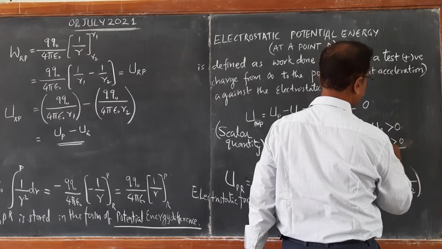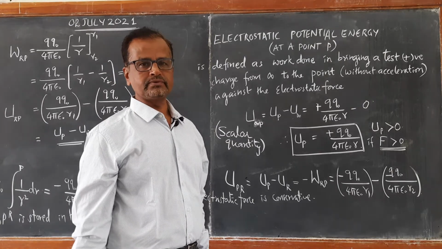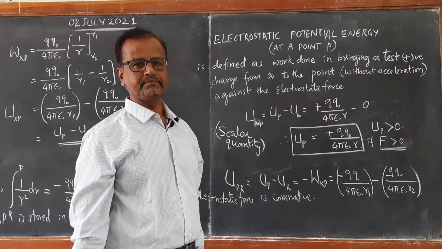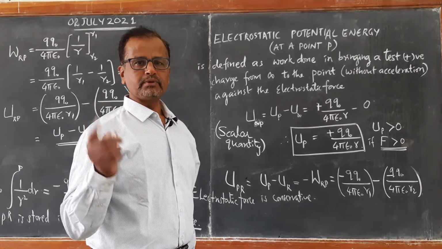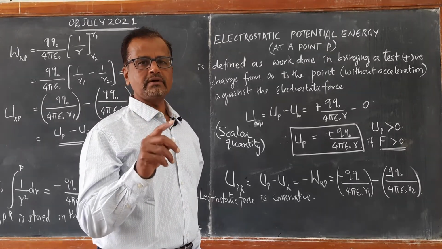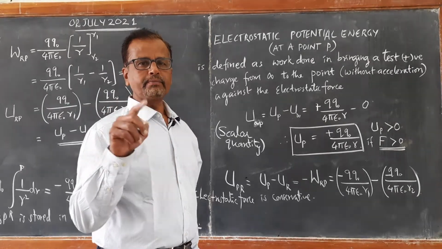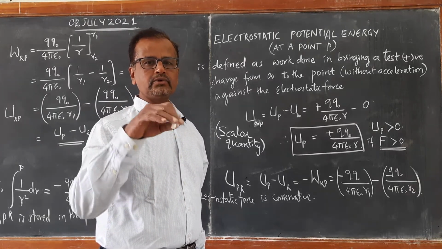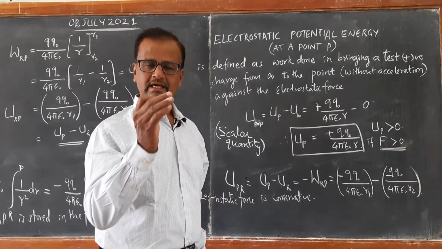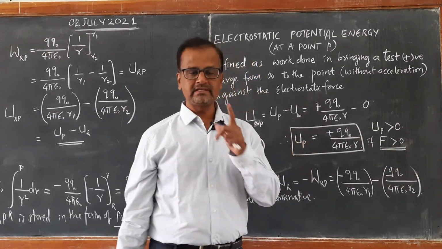The force of repulsion is taken positive and the force of attraction is taken negative. That also we have discussed earlier. When the Q1 Q2 product is positive, definitely the force is repulsive and it is greater than 0. When the Q1 Q2 product is negative, then definitely the force is negative. So, negative force implies that it is an attractive force. When it is an attractive force, then the potential energy is negative.